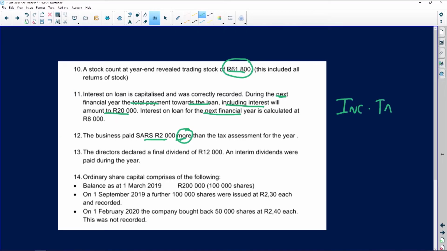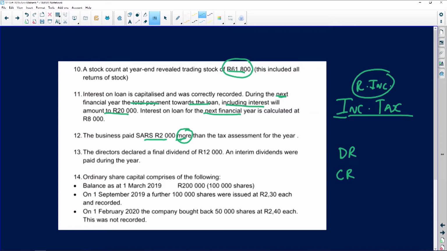Obviously, this is going to help us calculate our income tax for the year, as well as for us to determine whether or not SARS owes the business money. In other words, there's a debit balance, or the business owes SARS money at the end of the financial year, there is a credit balance. So remember, your income tax amount is obviously needed for the retained income note, because that amount was not given to me.